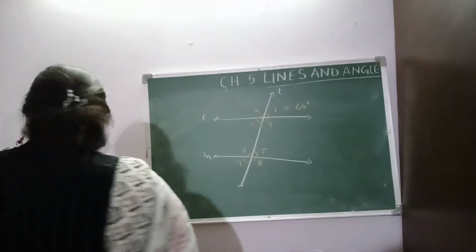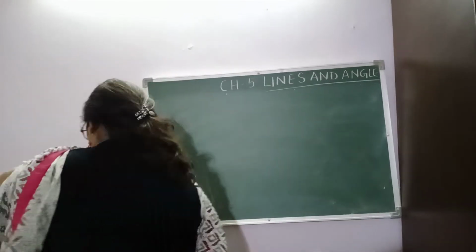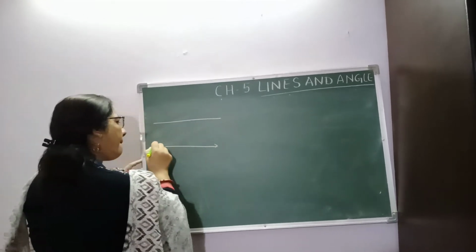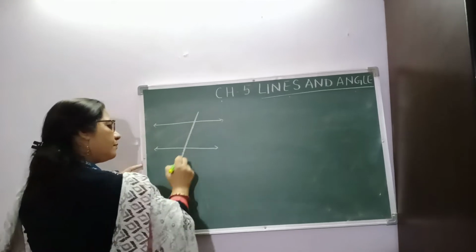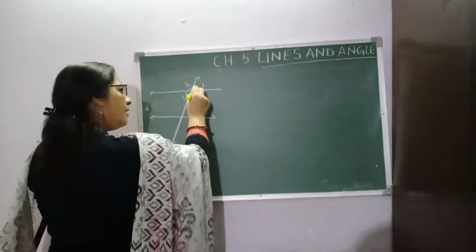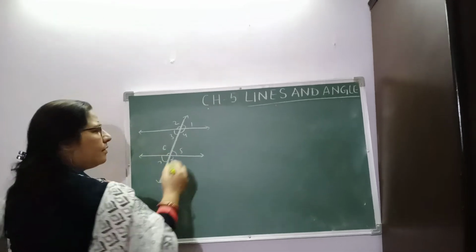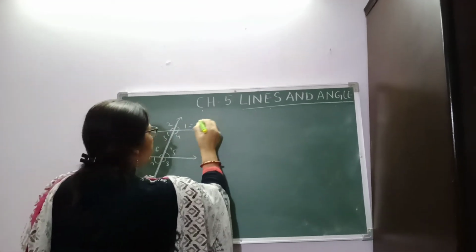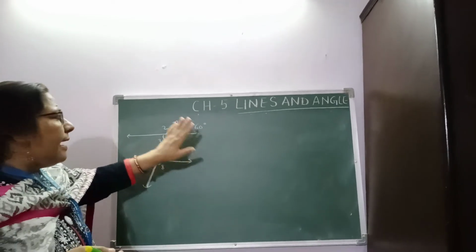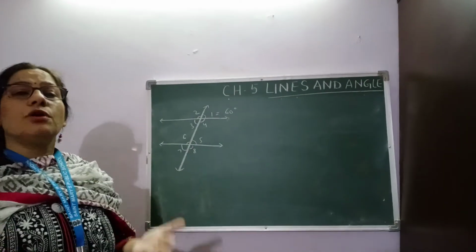I need some space to work on it, so I'm going to erase this once more. Angles 1, 2, 3 and 4, 5, 6, 7 and 8, and the value of angle 1 is given as 60 degrees. The rest of the values you have to find yourself. So how can you use your logic?